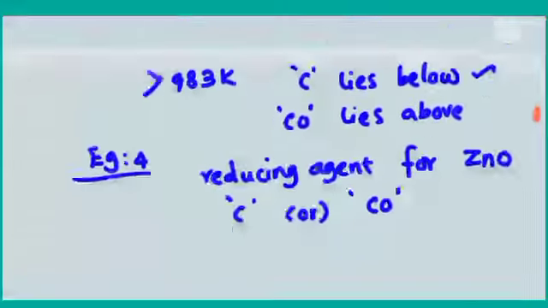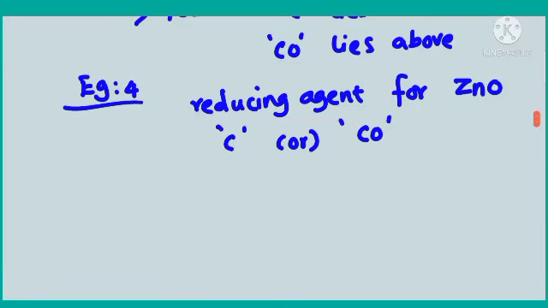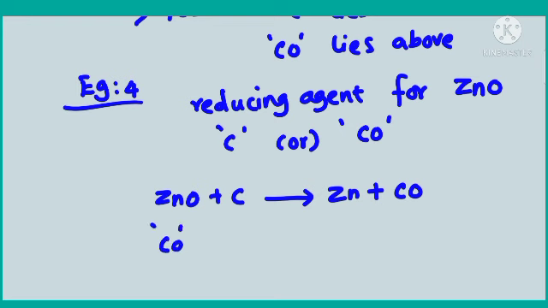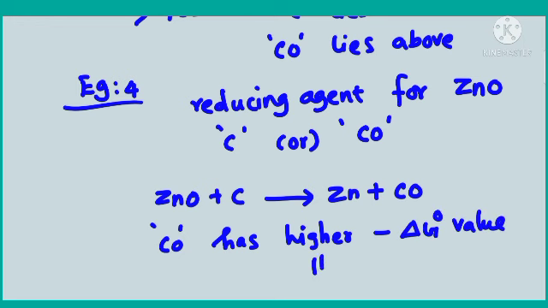So for zinc oxide, carbon is a suitable reducing agent, so that it will readily reduce zinc oxide into zinc metal with formation of carbon monoxide. The reason is carbon monoxide has a higher negative delta G naught value than carbon.